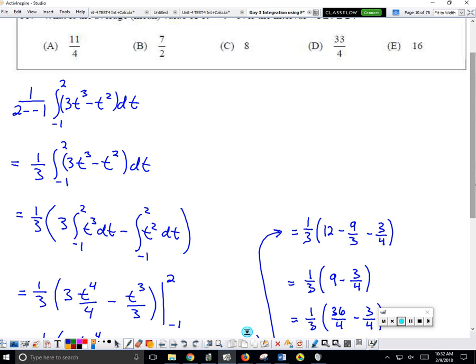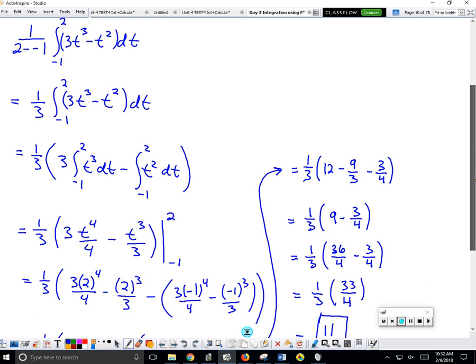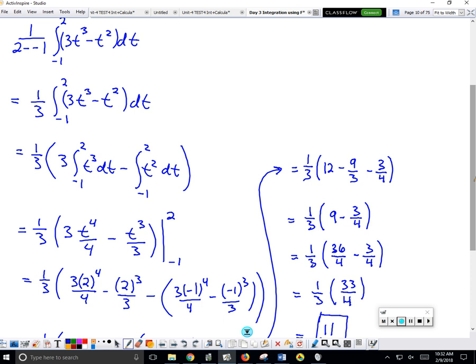Don't lose track of stuff though. The 3 can only come out of this one. It doesn't come out of this one, because 3 isn't a factor of both terms. Calculus is about being precise. You can only factor out a factor.